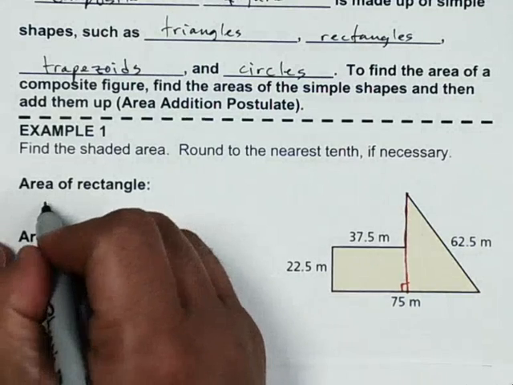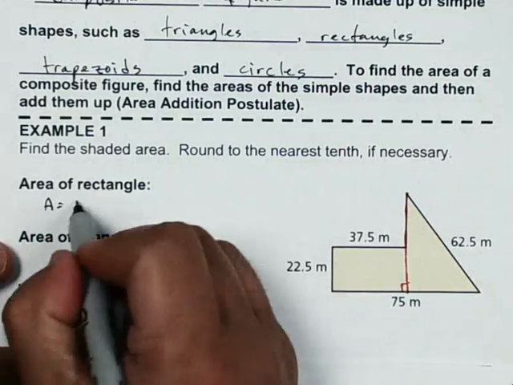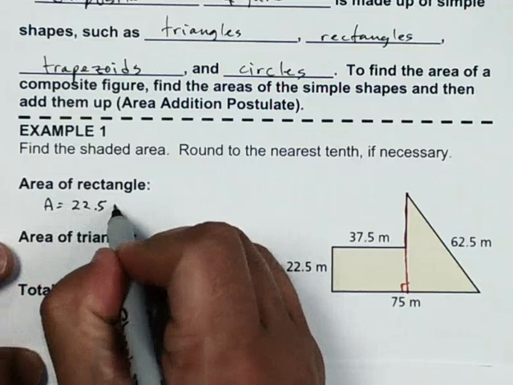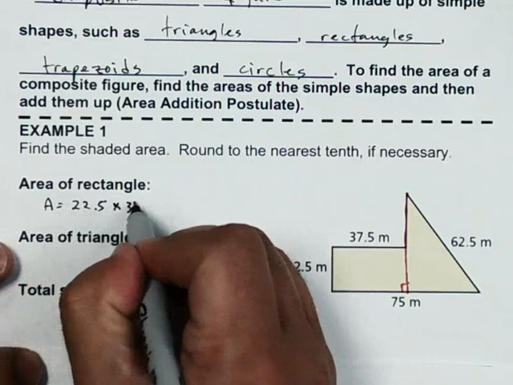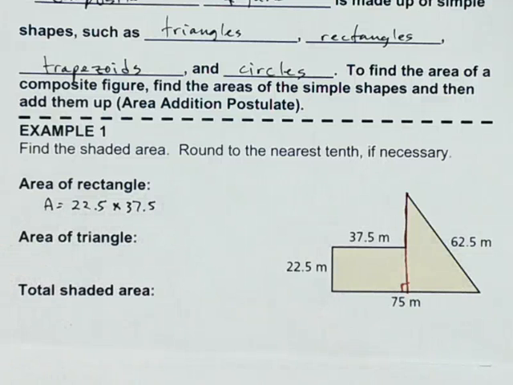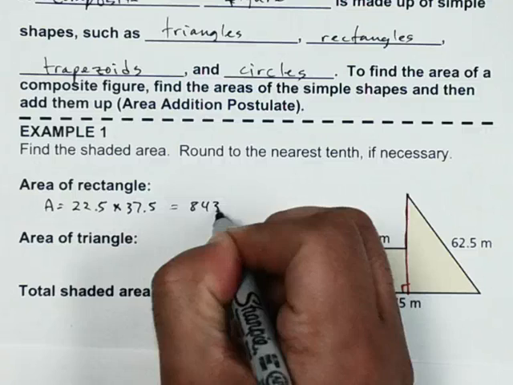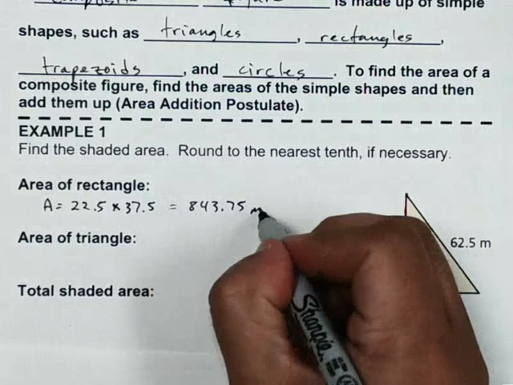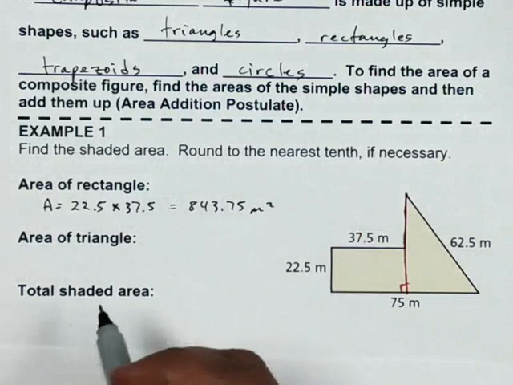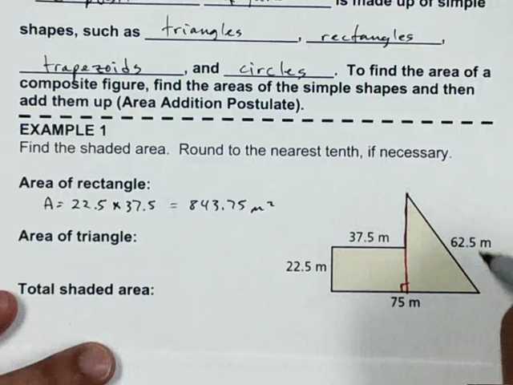The area of the rectangle part is going to be equal to 22.5 times 37.5, which comes out to be 843.75 meters squared.